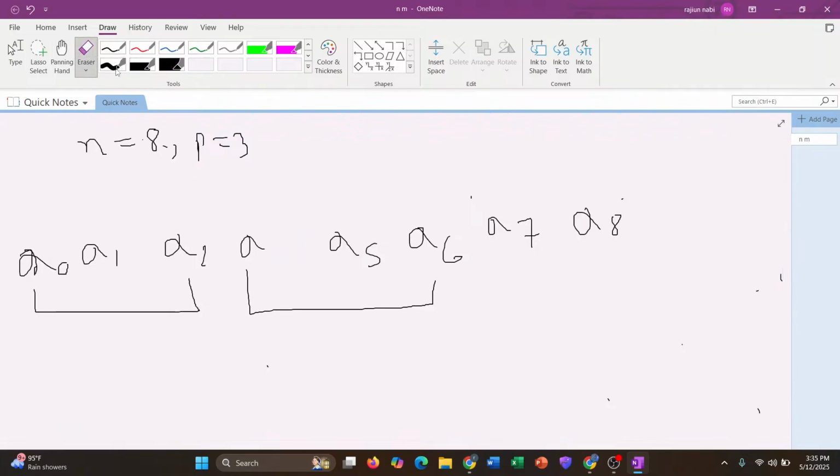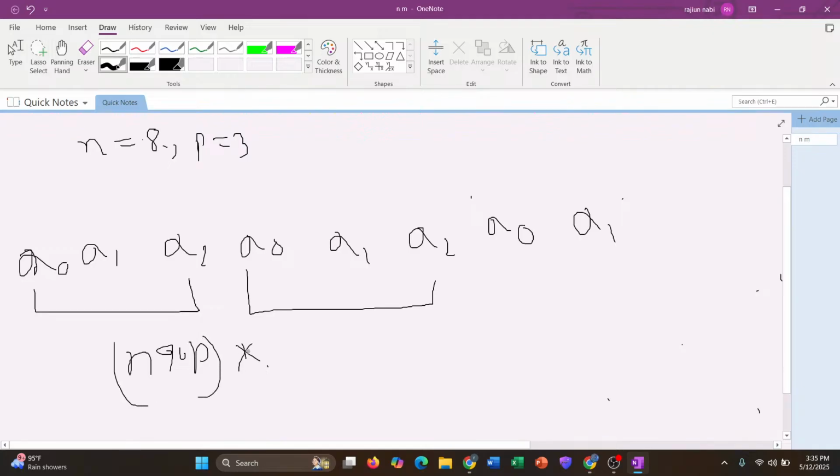Again, if we do this, 3 0 1 2, and it will be 0, it will be 1. Then what will happen? As I said before, only the n remainder p elements will occur n divided by p plus 1 times.